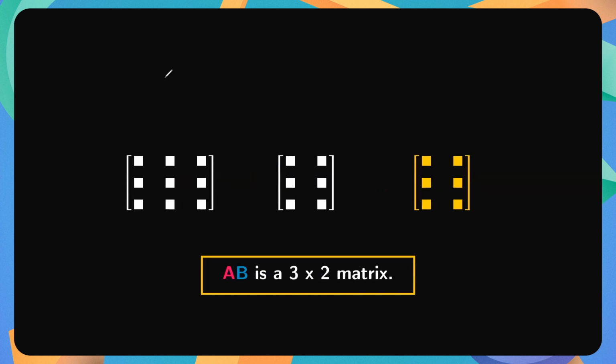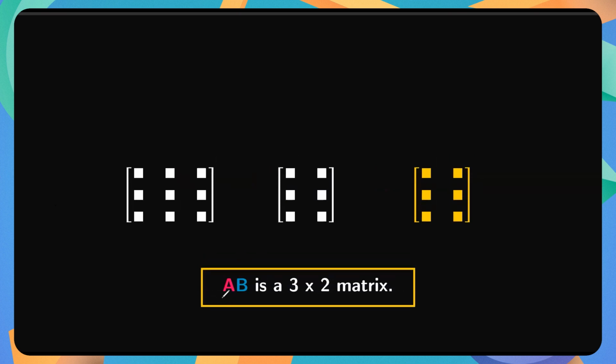Again, this would work because A is a 3 by 3 matrix, B is a 3 by 2 matrix, and since the number of columns here and the number of rows here are the same, it's compatible, and therefore you could do matrix multiplication with this order, which would give you a 3 by 2 matrix.